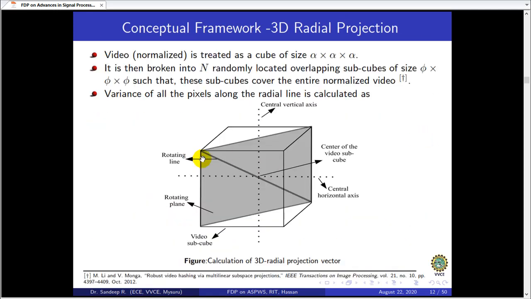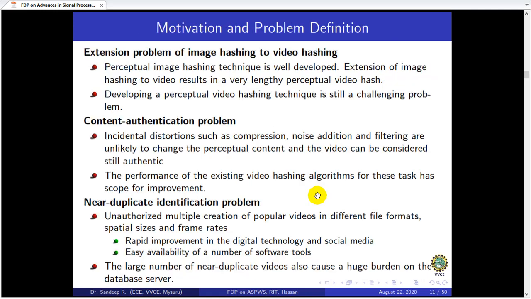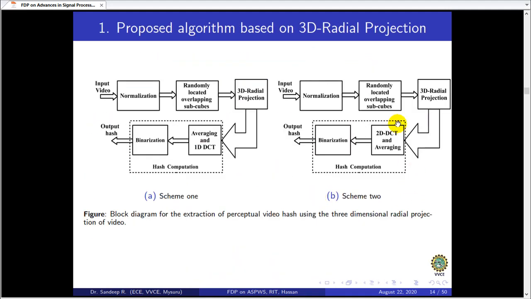Remember, we had rotated this line 180 times, so that corresponds to one column vector, and then we had rotated the plane by 180 times, so that corresponds to each column vector. So we have got 180 by 180, so 180 rows and 180 columns. That means we are constructing a matrix from the array of variance obtained from a single subcube.